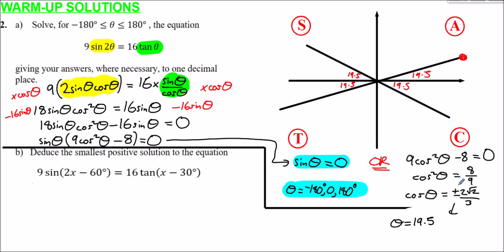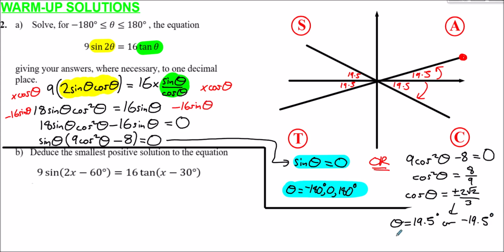And here, considering the positive 2 root 2, if theta is positive, I could also be looking in this bottom quadrant as well. So I can have theta being 19.5, this one, or because we can have positive 2 root 2 over 3, we can also have cosine being a positive thing down here, and we can have negatives in our range. So we could go to minus 19.5 as well. So from this one, theta is 19.5 degrees, or minus 19.5.